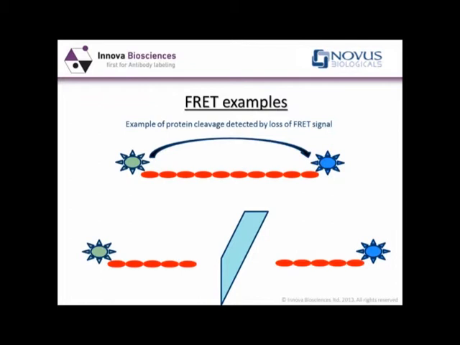Those proteases might be from a library that you're screening, or they may be expressed within, for instance, a cell culture supernatant following a particular stimulus. If the protease is present and the protein is cleaved, the donor molecule and the acceptor molecule are moved much further apart, and therefore the FRET reaction stops. In this way you have an indirect measurement of the level of the protease in the system.